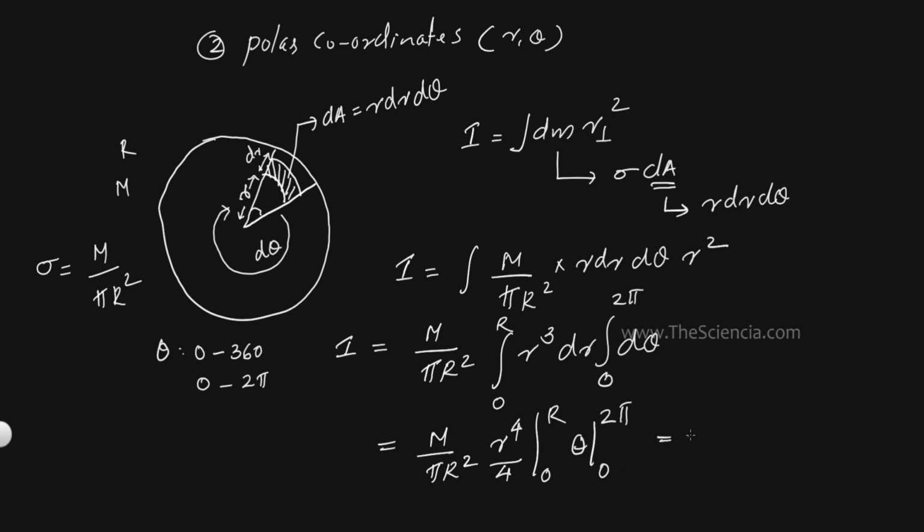So what we get? M by pi r square, r raised to 4 by 4, into 2 pi. This equals m r square by 2. So we got the same answer, but we solved using a different coordinate system.